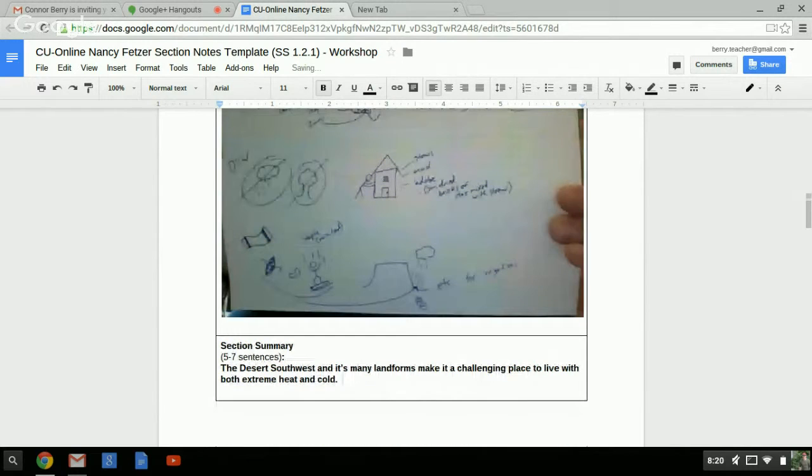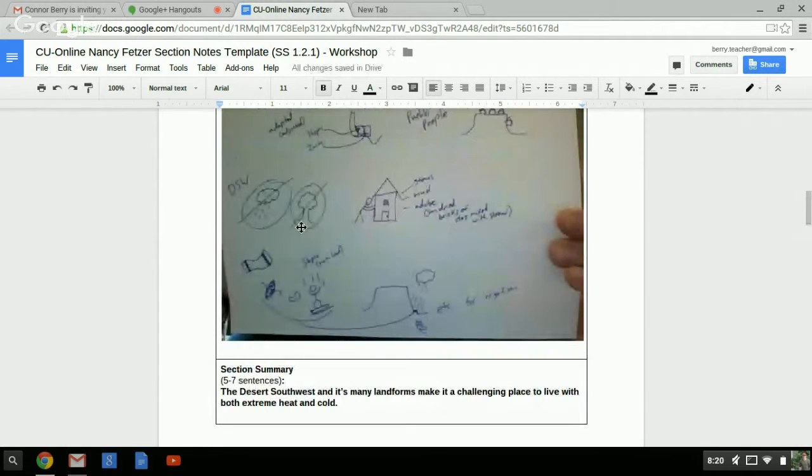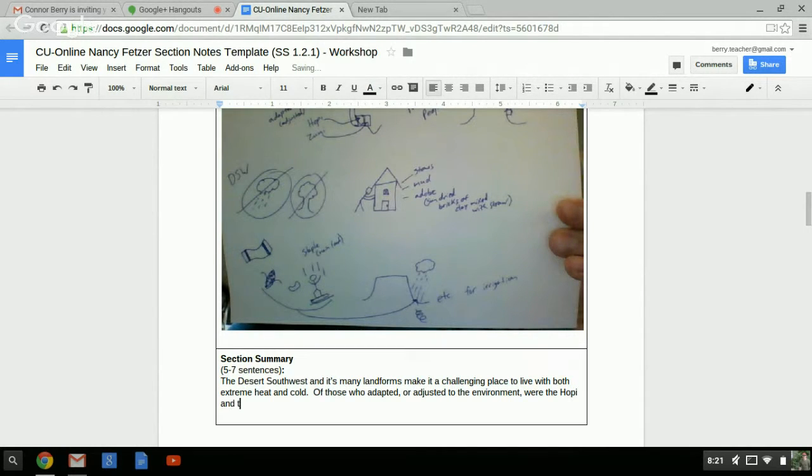Okay, let's go ahead and make our second one, which is where we're talking about the adapted. And this is all bold. I should not make this bold. There we go. Now it says, of those who adapted or adjusted to the environment were the Hopi and the Zuni.